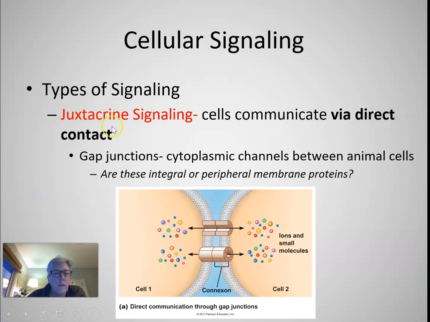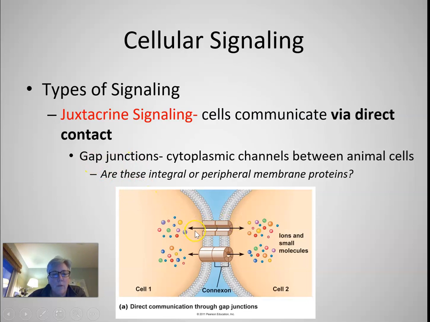Okay, another kind of signaling is called juxtacrine signaling, which means that cells communicate by directly touching each other. Here's a picture of cell 1 and cell 2, and they are right smashed up next to each other.